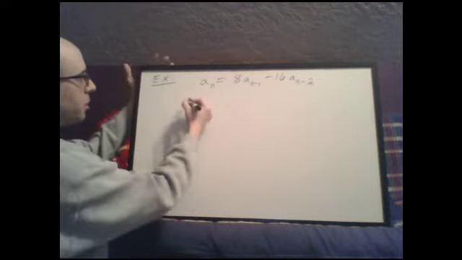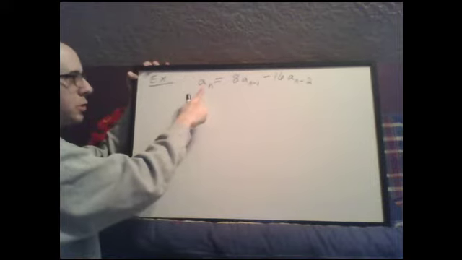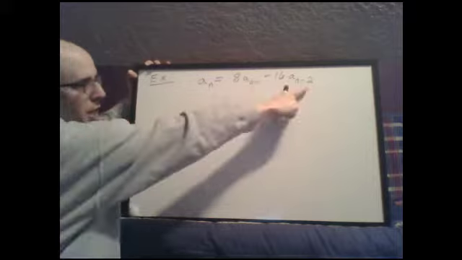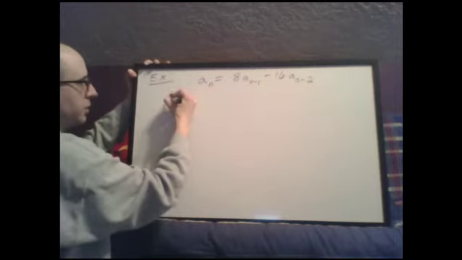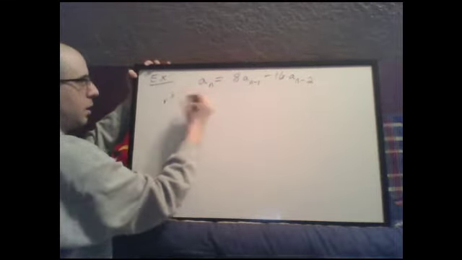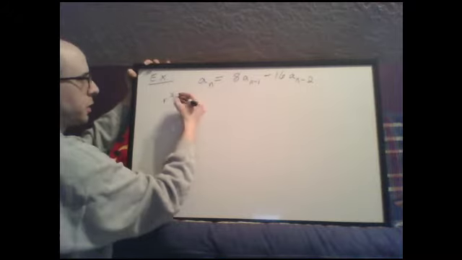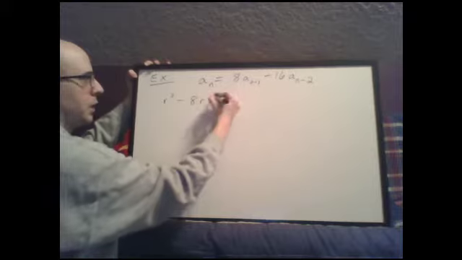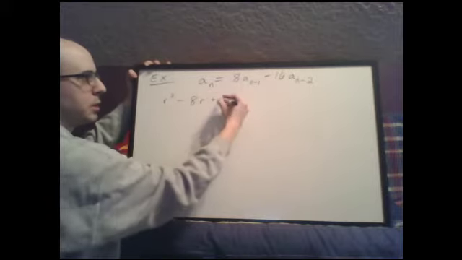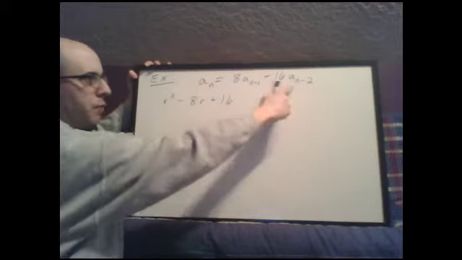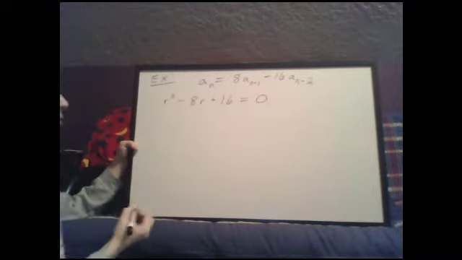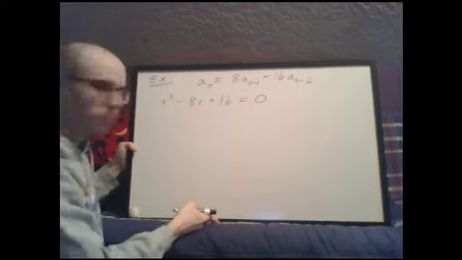It's always going to be, this turns into r to the degree, because when you divide that out, you'll be left with r squared, and then I'm going to subtract this stuff over, so I'll have minus 8r to the first, and then plus 16, and this won't have any r's. So there's our characteristic equation.